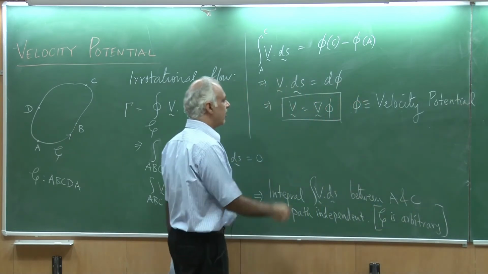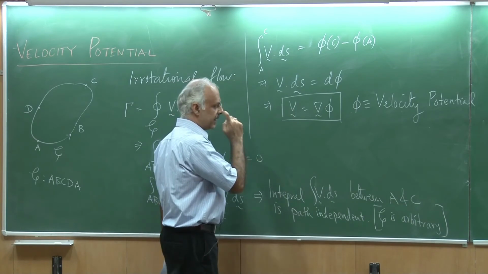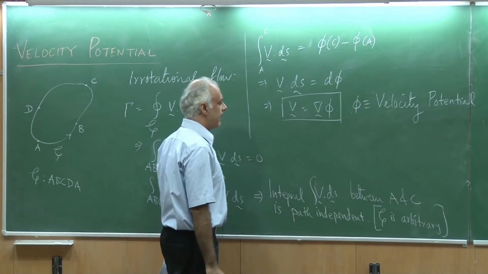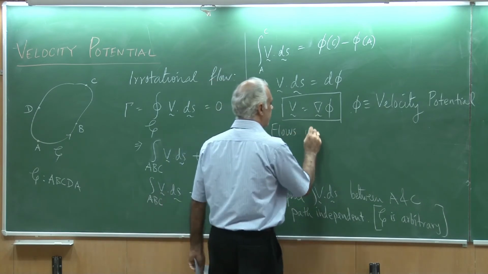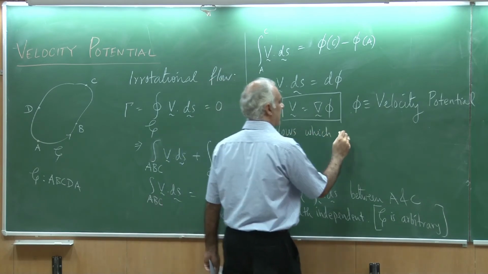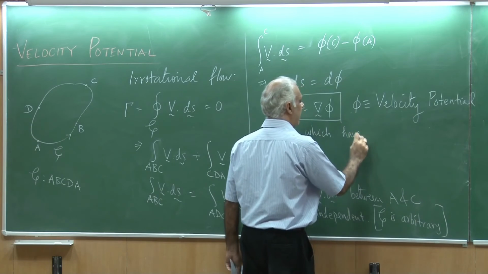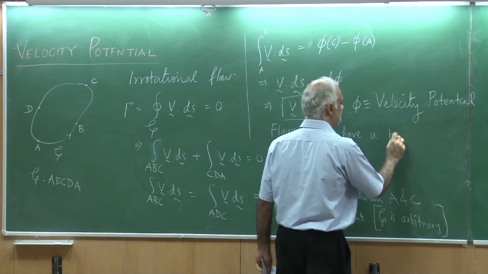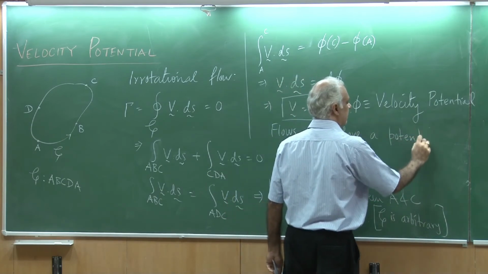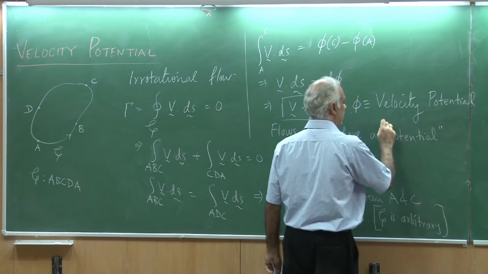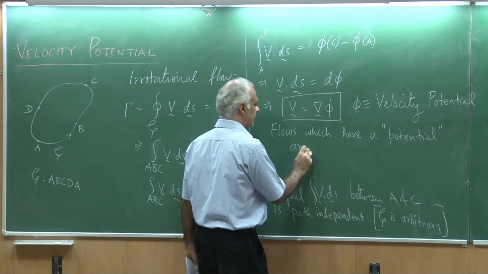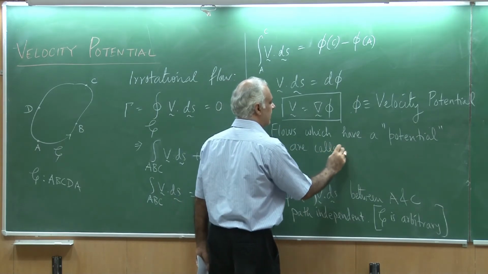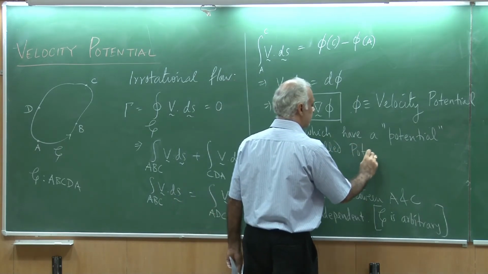Okay, simply because V is the gradient of this function phi, flows which have a potential, which means the velocity potential, are called potential flows.